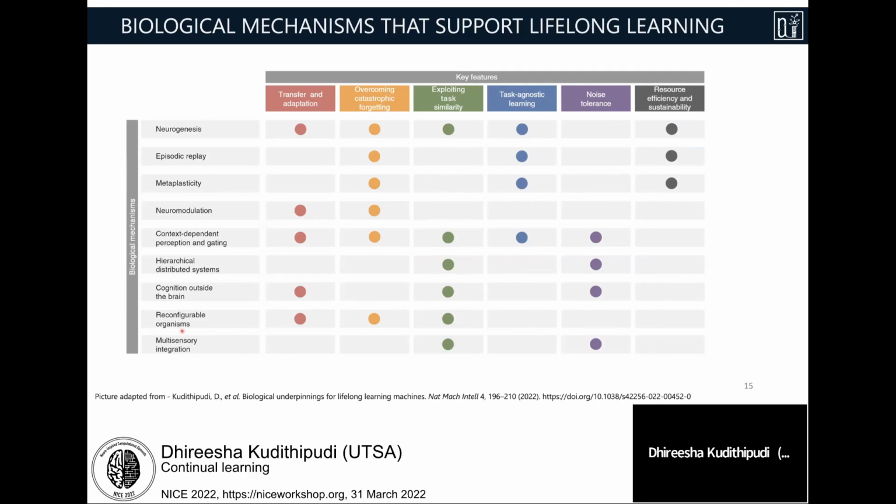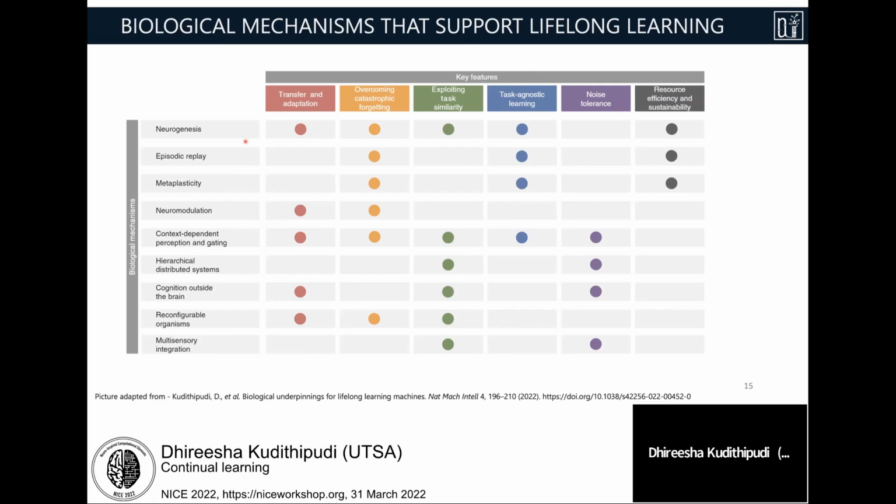The y-axis here shows the different biological mechanisms. As I mentioned, structural plasticity ones or just plasticity mechanisms and how they support the key features required for lifelong learning. And you can see that there is no one mechanism that can support all the key features required for lifelong learning. We need to use a combination of these features.